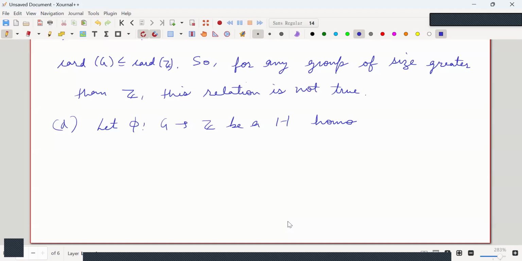Now, if you take any uncountable set, then that set, as compared with the power set of that set, will have cardinality strictly less.